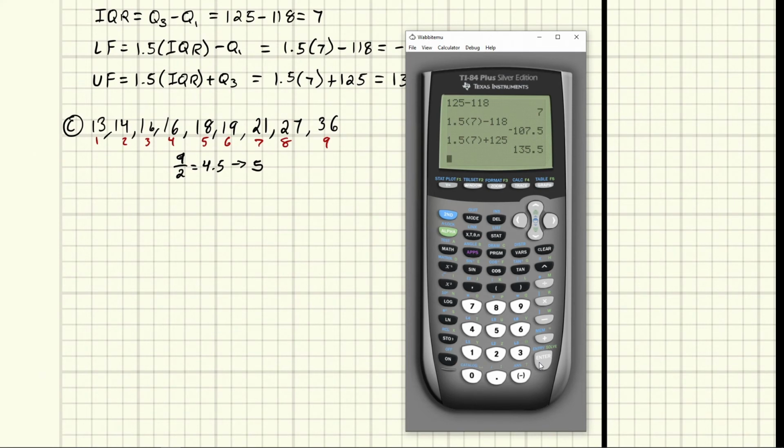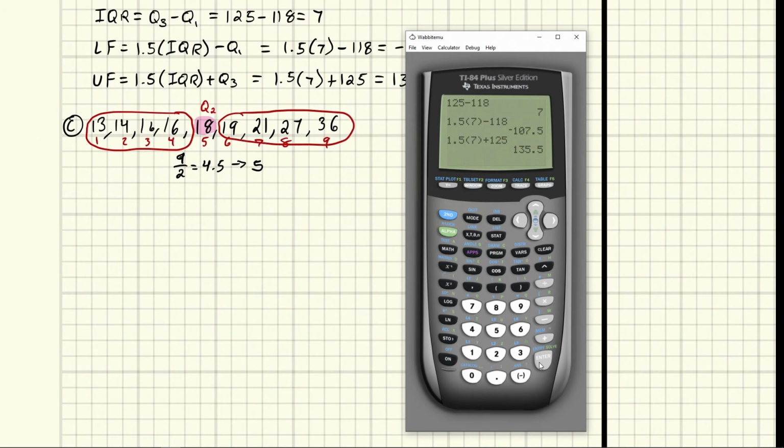And just so you know, it's always going to round up because you'll end up with a 0.5 at the end. So that means that 18 is the second quartile. Since 18 was used as the second quartile, it's not included when we split the data in half. So this is going to be the lower half, and this is going to be the upper half.